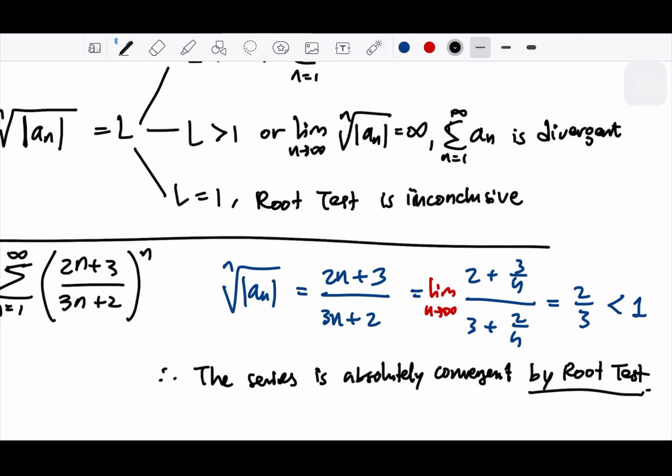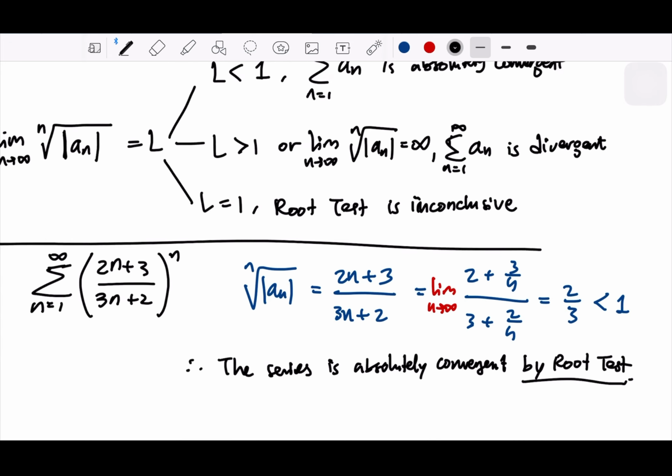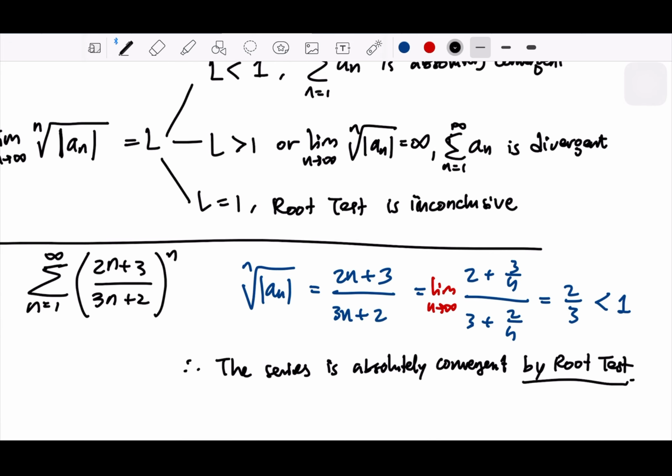And to help you practice more on how to solve chapter 11, maybe next Thursday I will go through some review and practice. Maybe we can have several questions. Okay, I think the root test is pretty much obvious.